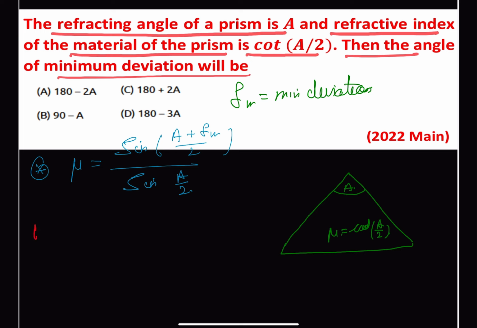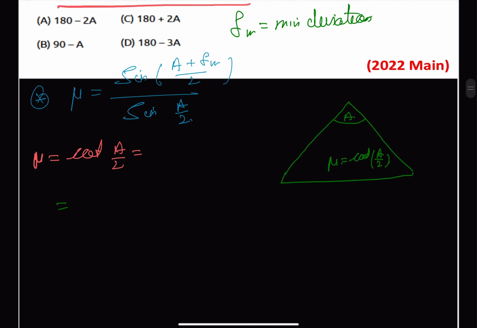We can write mu is equal to cot A by 2, which we can write as cos A by 2 divided by sin A by 2.